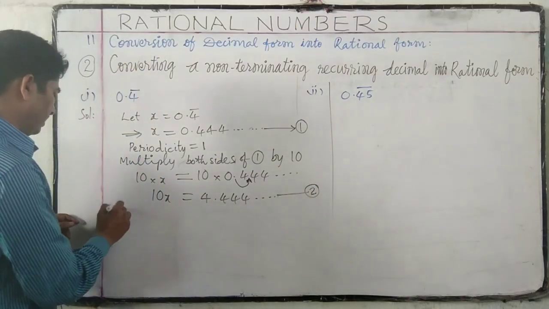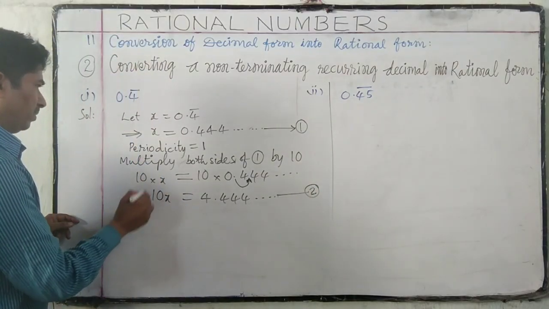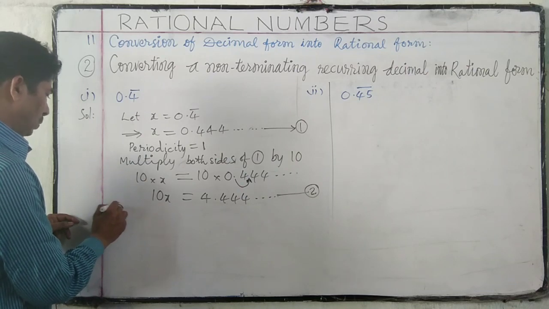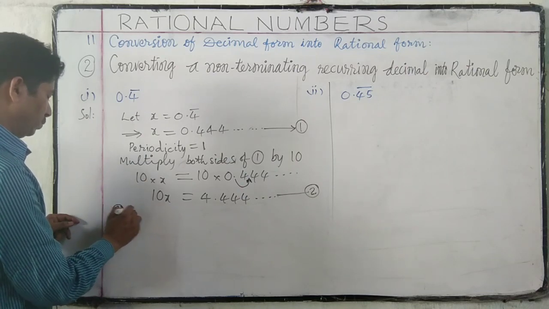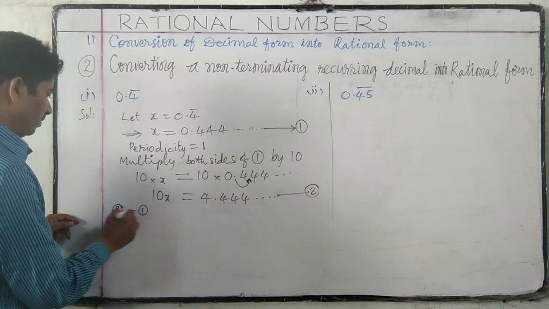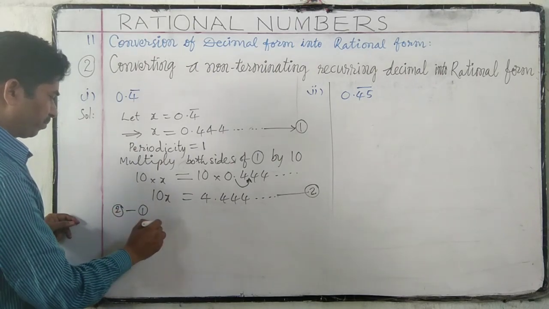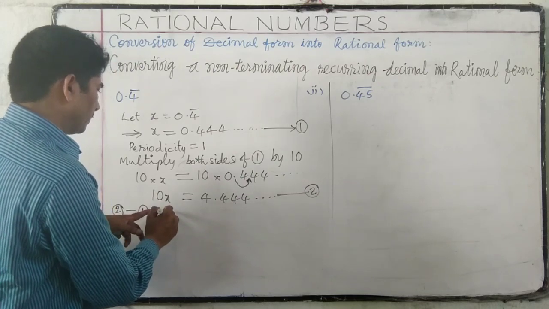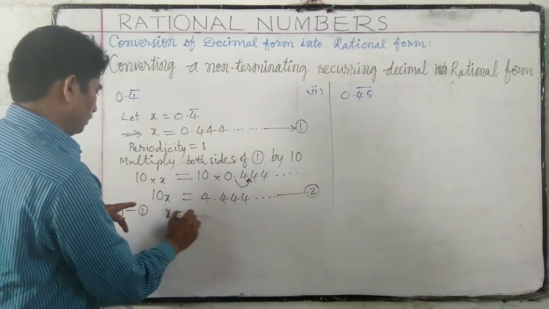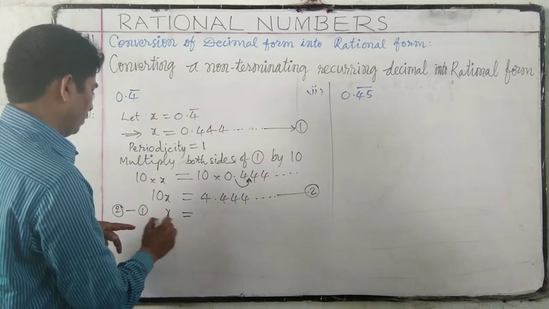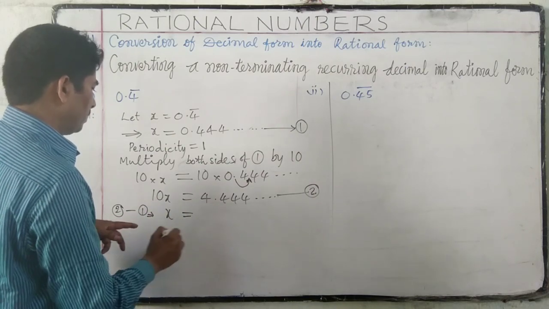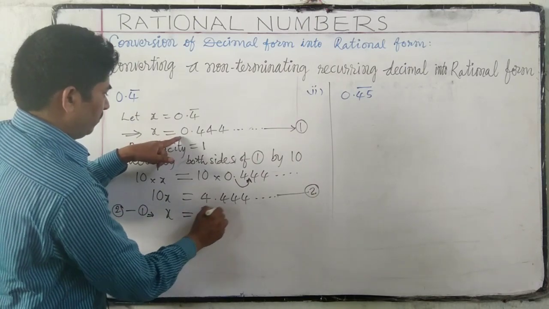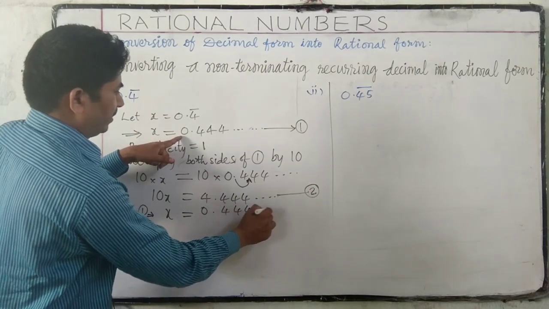We have to subtract equation 1 from equation 2. Equation 1: x is equal to 0.444 and so on.